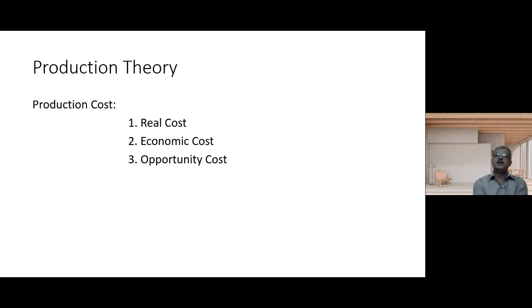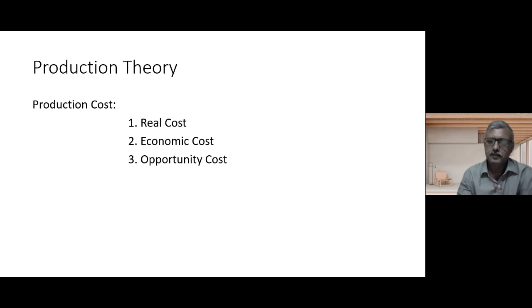This is the cost which we have sacrificed for the production. So all the money, all the cost which has been sacrificed in the process of production, otherwise which would have given us XYZ value. Now this XYZ value becomes the opportunity cost.